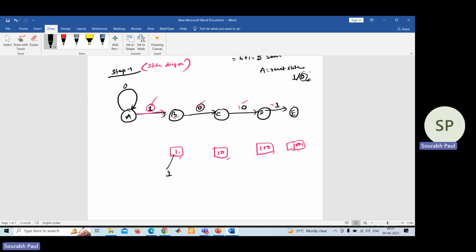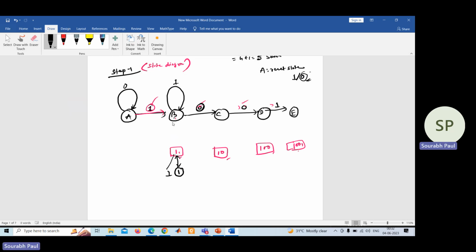Then for B, the input you didn't consider, input 1, you need to write here. And that one you need to compare with the square box one. Are they the same? Yes. If they are the same, you need to make the cell blue.